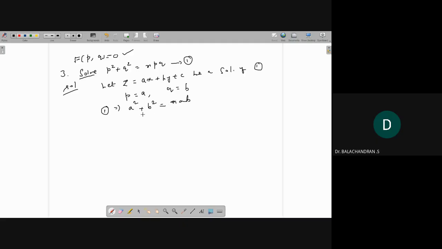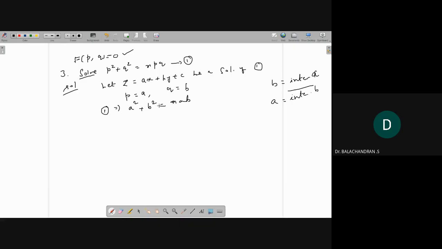Usually in the last two problems, I write b in terms of a. But in the last two problems, b is linear, so you can easily find b in terms of a. You can even write a in terms of b also.